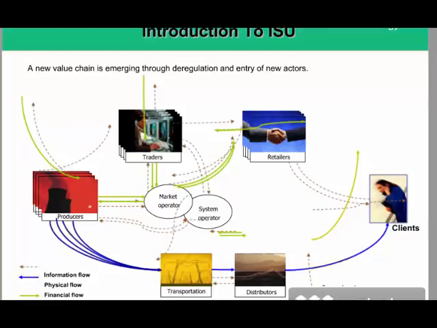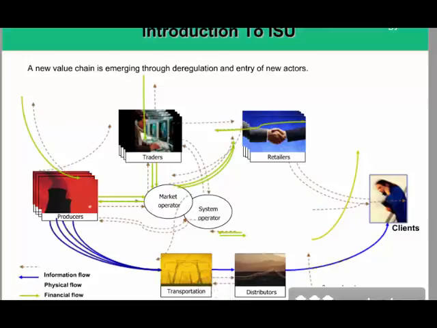As you can see here, the competition has brought two new players into the picture, which are traders and retailers. As you can see, the deep blue line, which is the physical flow, remains unchanged. From producer to transportation and distribution to client, that particular blue line remains the same.